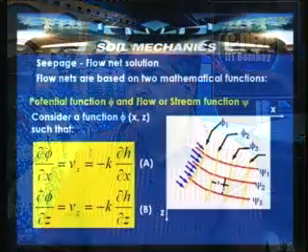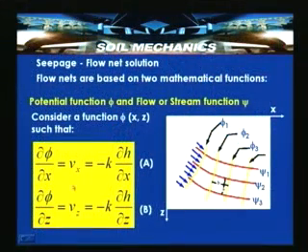So, consider a function phi(x, z) such that ∂phi/∂x is equal to Vx is equal to minus k ∂h/∂x and ∂phi/∂z is equal to Vz is equal to minus k ∂h/∂z.